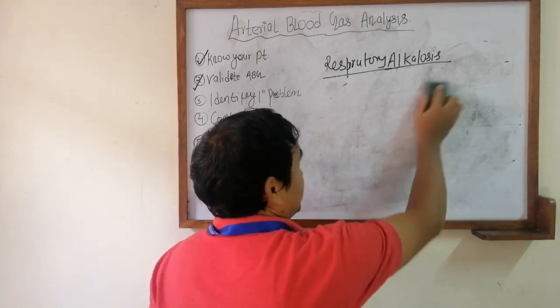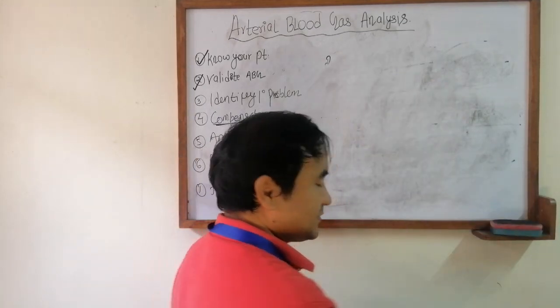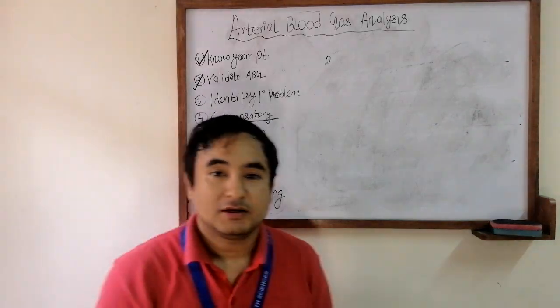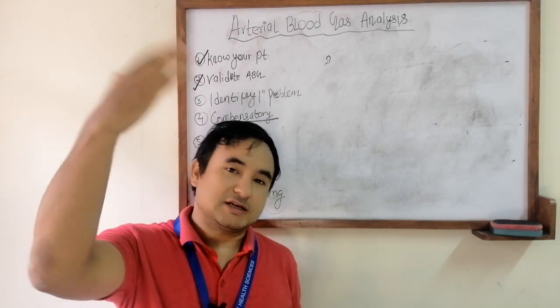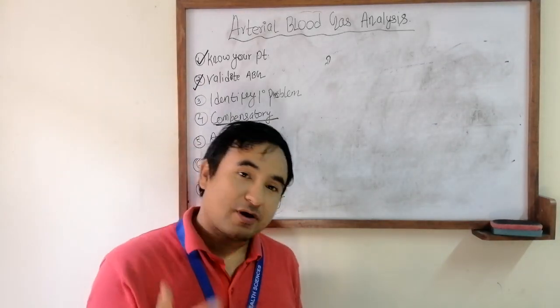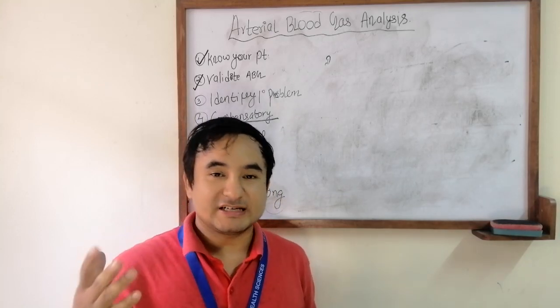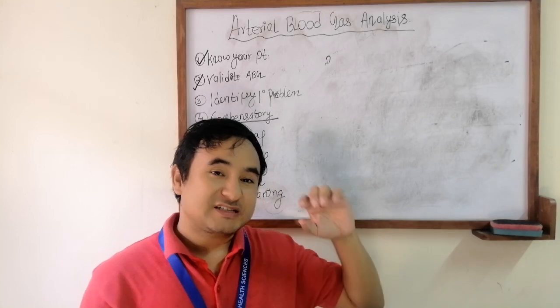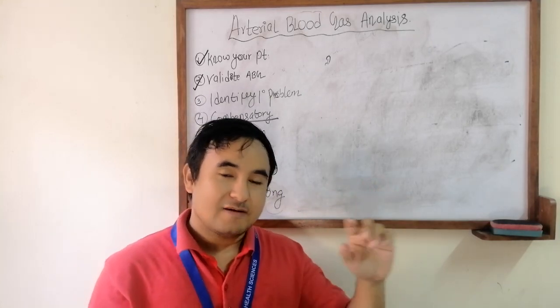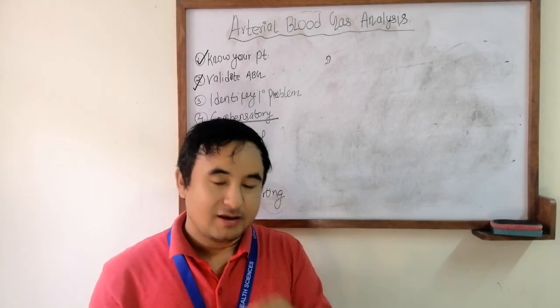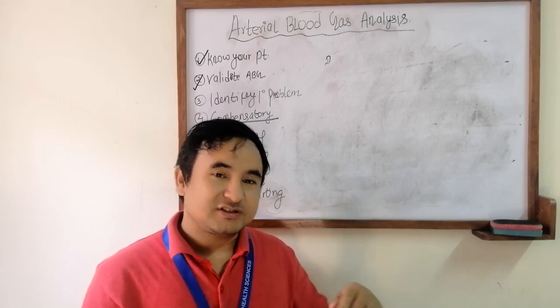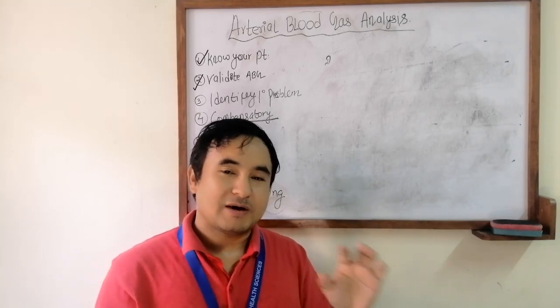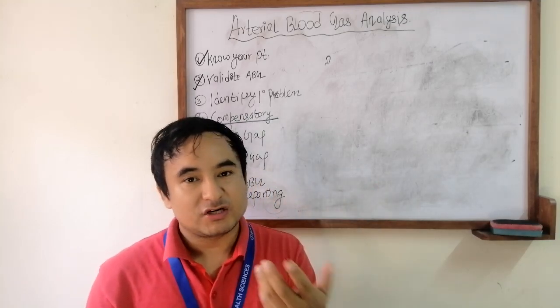So in respiratory acidosis, what happens? There is an increase in carbon dioxide, so bicarbonate should increase as a compensation. In acute compensation, with a 10 increase of carbon dioxide, bicarbonate increases by 1. In chronic compensation, with a 10 increase in carbon dioxide, bicarbonate increases by 3.5.